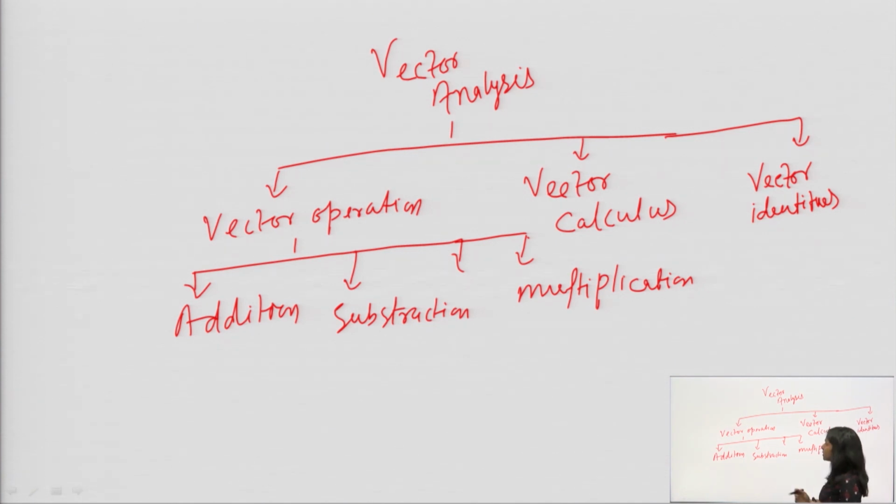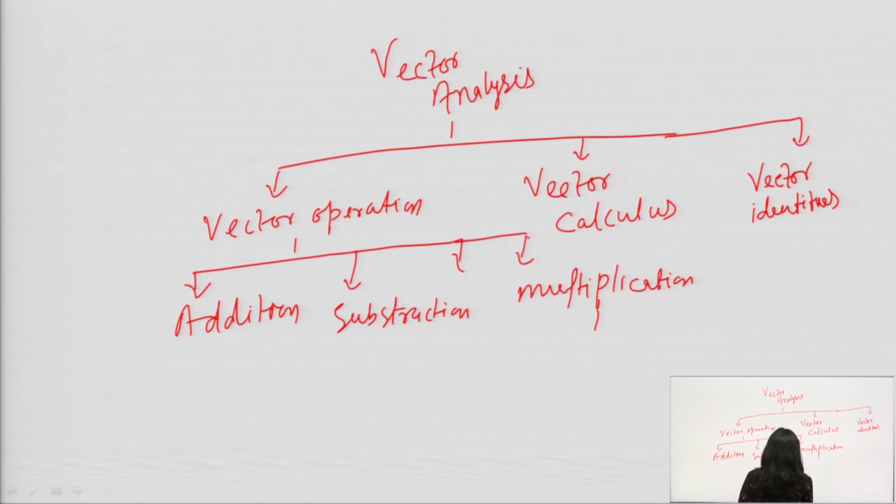But division of a vector is meaningless, undefined. It is possible only if both the vectors are parallel to each other. So we will focus on three kinds of operation only, that is addition, subtraction and multiplication.